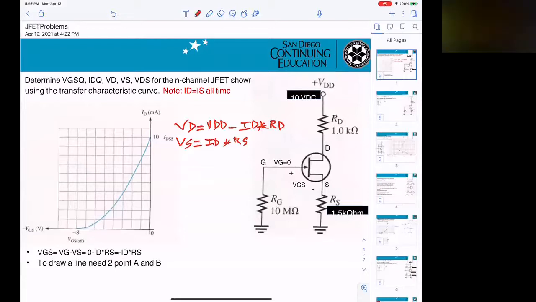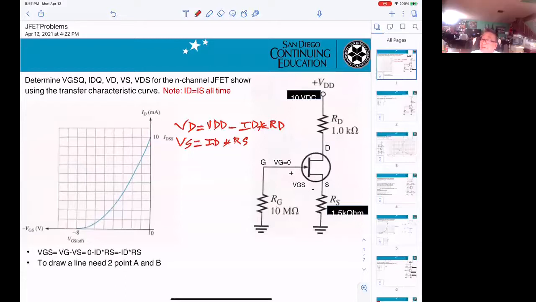What else do we need to calculate? VDS, and that will be VD minus VS. That means with everything, you must do your calculation.